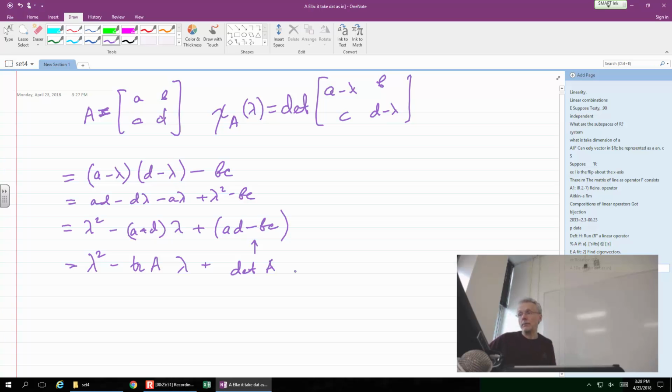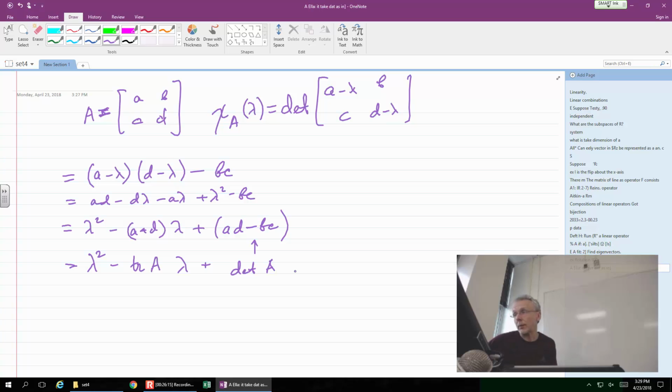And so it turns out that our characteristic polynomial is expressed in terms of two very specific characteristics of the original matrix. Once again, the trace, the two diagonal elements added together, and the determinant. We already have some ideas of the meaning of these two based on examples, right?